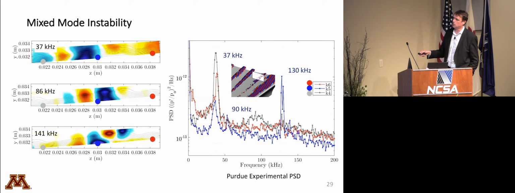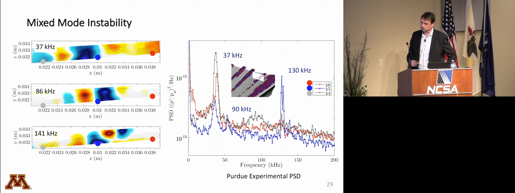There are basically 3 modes in this plane that are more or less equally ranked energetically, and they're at 37, 86, and 141 kilohertz. Here's the PSD from 3 other Kulites, and you see that this is lighting up at 37 kilohertz, right where we expect this mode, a little bit of action at 90, and then at a higher frequency, which more or less corresponds to this mode.